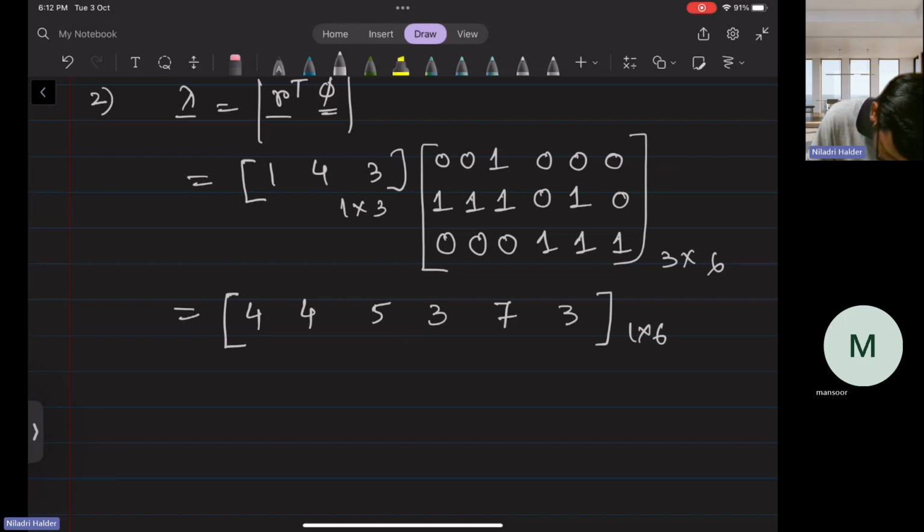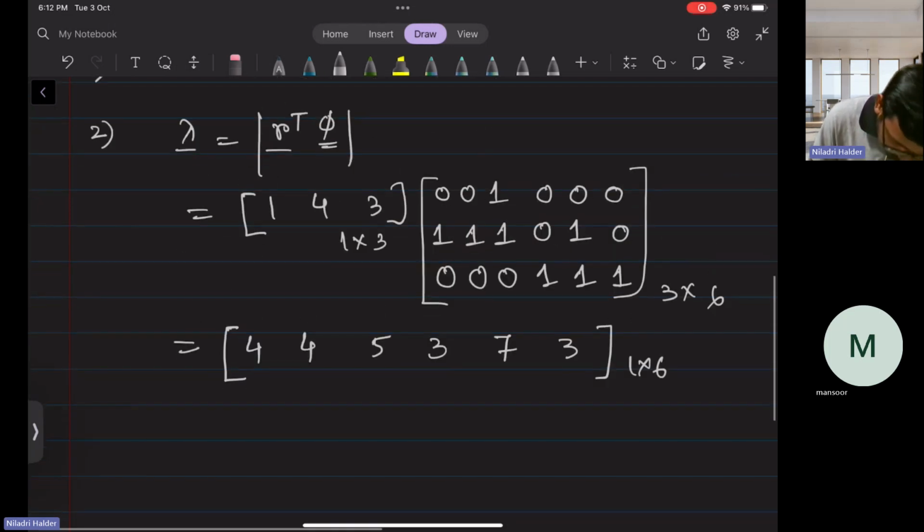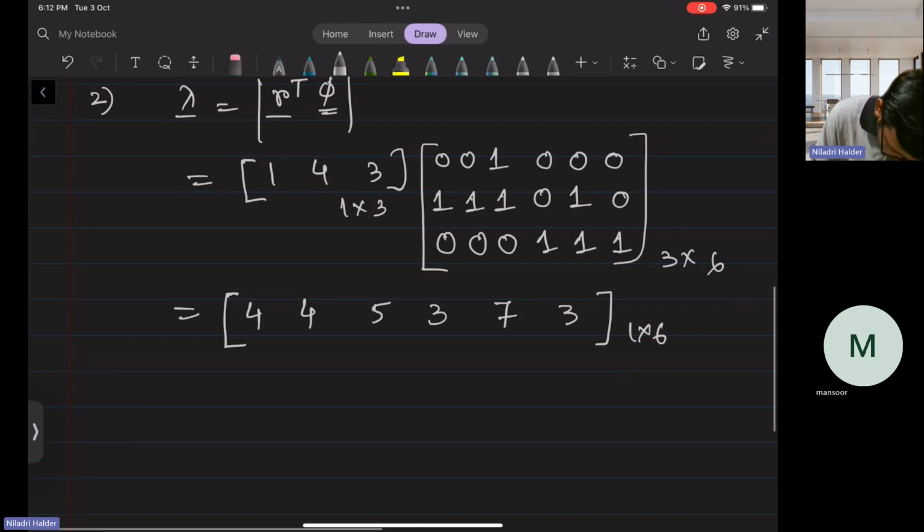So this is the 1 cross 6 vector: 4, 4, 5, 3, 7, 3. Now we need to find the position of the maximum value of this. The positions are 1, 2, 3, 4, 5, 6.